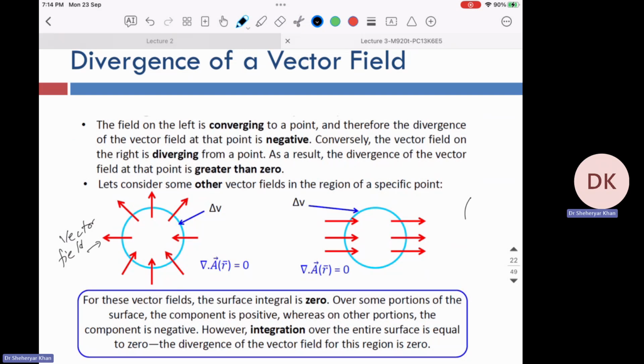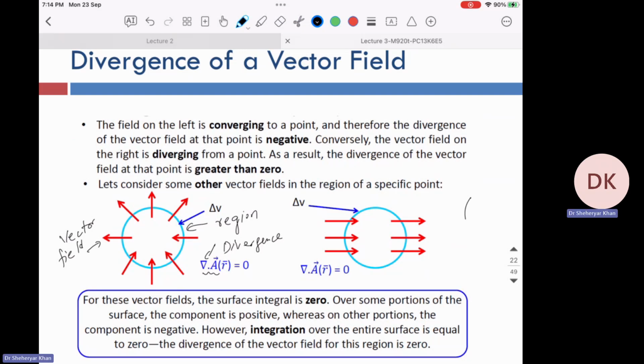This vector field could be your magnetic field, or it could be your electric field. And this is the region, and this operator we call divergence. We will later do the derivation of how to do it.